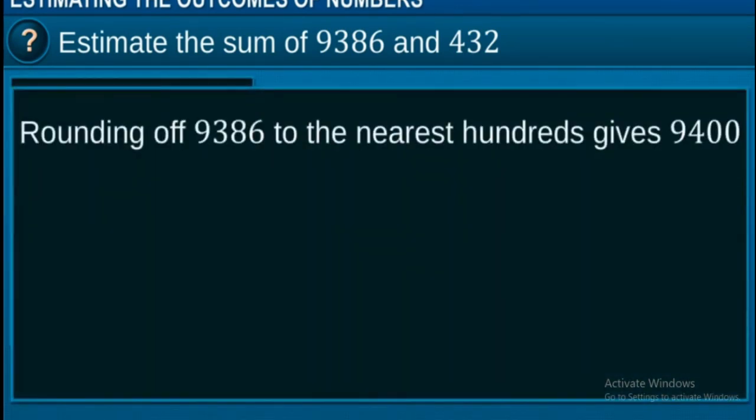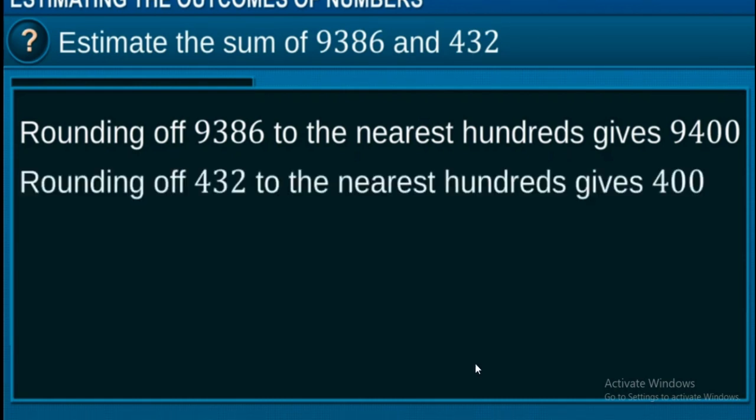We'll round off these numbers to the nearest hundreds. 9,386 is closer to 9,400. Hence, it rounds off to 9,400. And 432 is closer to 400. Hence, it rounds off to 400.